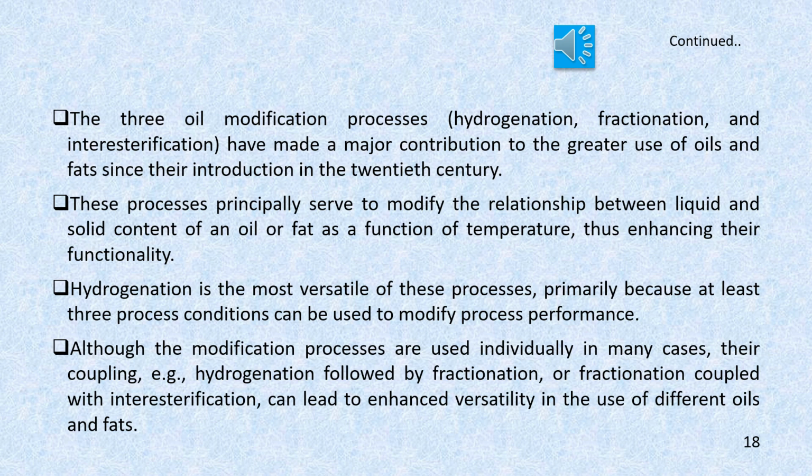Above all the processes, hydrogenation is very versatile. So how do we perform the hydrogenation process? To perform it, we keep three conditions in mind, and we can modify the oils and fats to enhance their further performance.